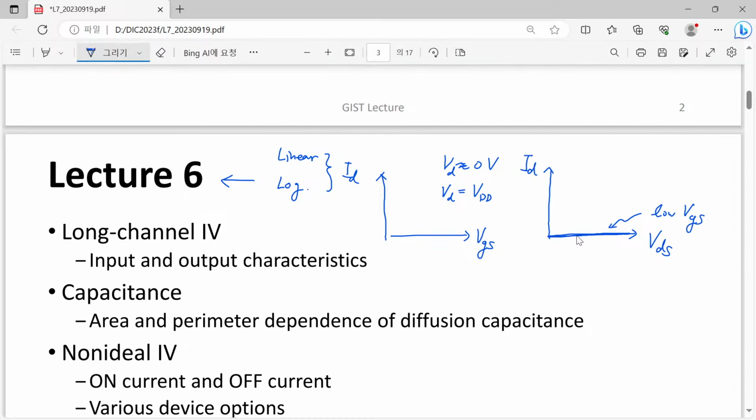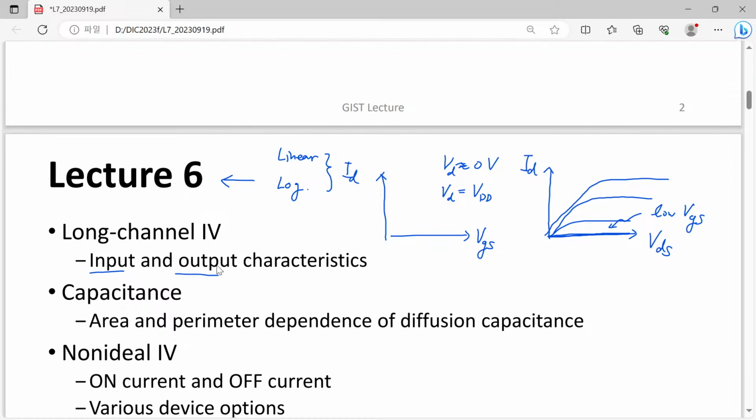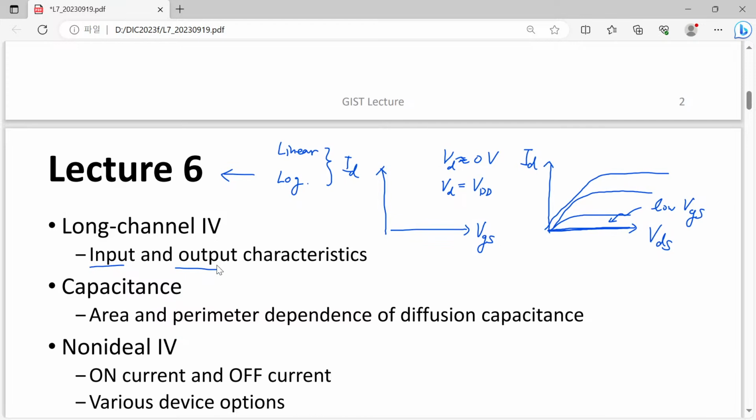However, if we increase gate voltage beyond the threshold voltage, then we will have such kind of behavior. That will be the output characteristics. So both input and output characteristics are quite important, so you must draw both of them.